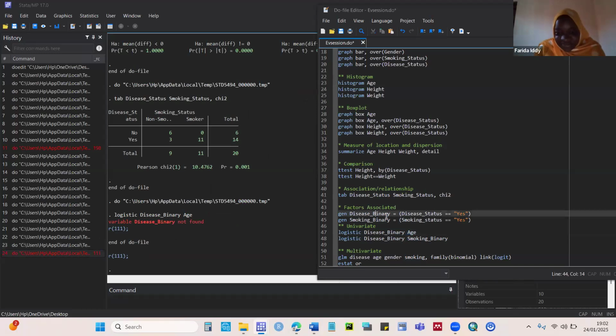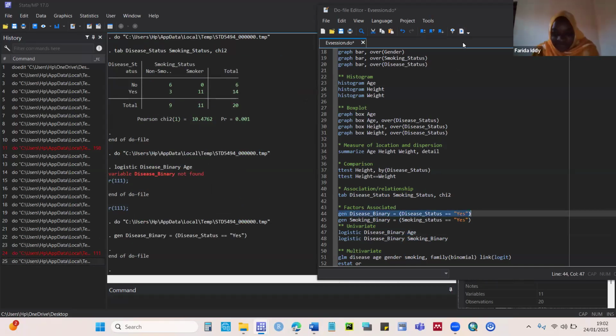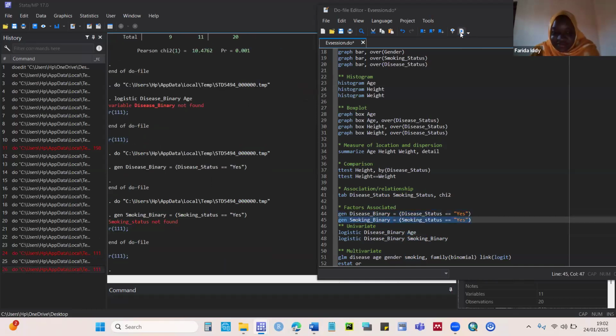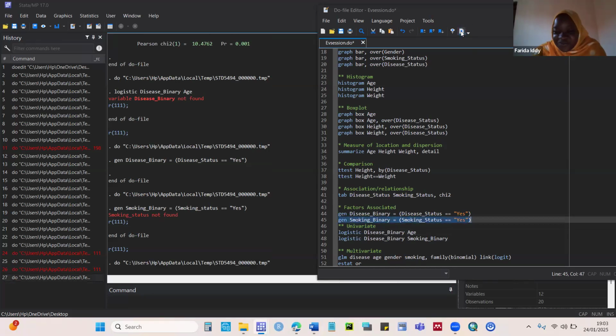Oh, I didn't run the code, sorry. Sometimes if you forget, instead of putting a capital, you put a small one, it will not run.